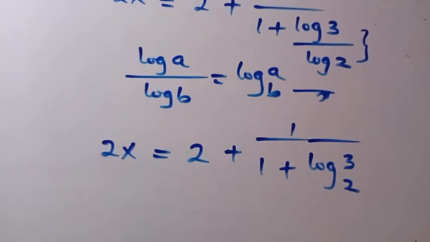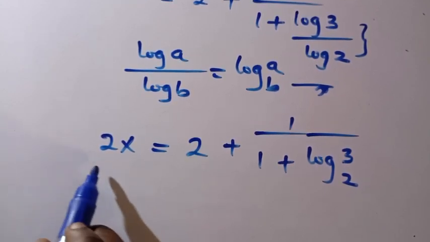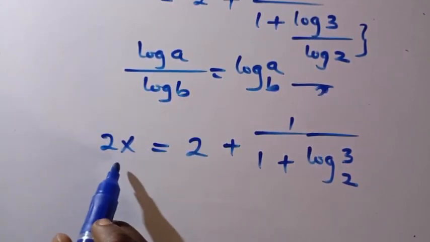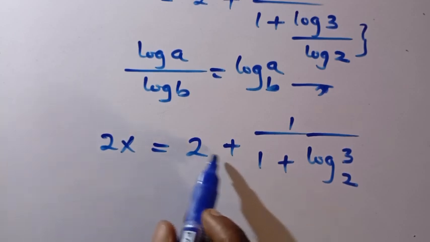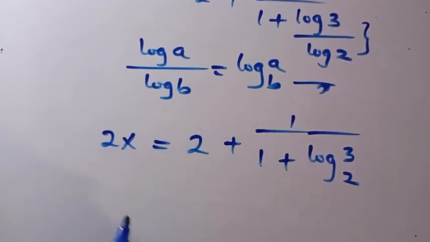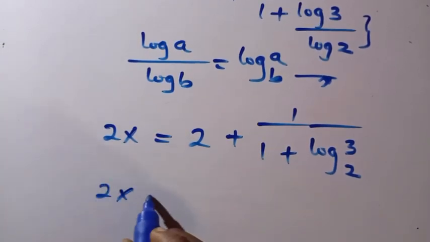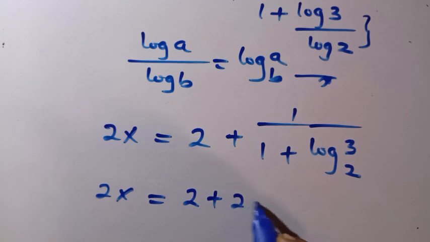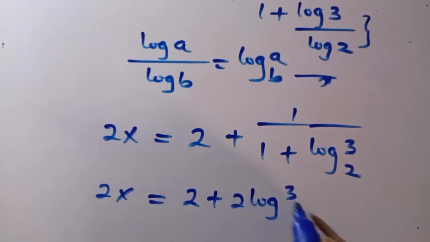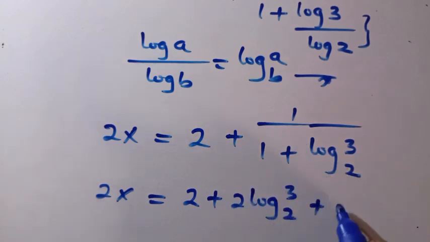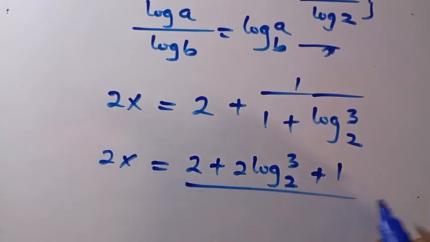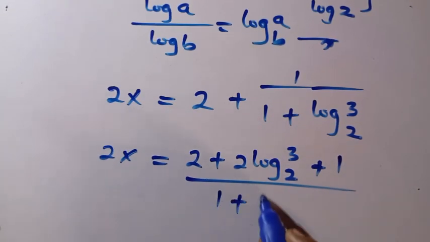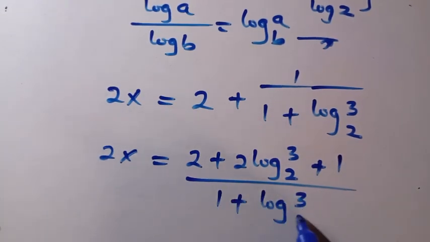And again we have to divide both sides by 2, or before that, let's find the LCM here. So we multiply 2 with this. We have 2x equals 2 multiplied by the whole of this. That gives us 2 plus 2 log 3 base 2, then plus 1, divided by 1 plus log 3 base 2.